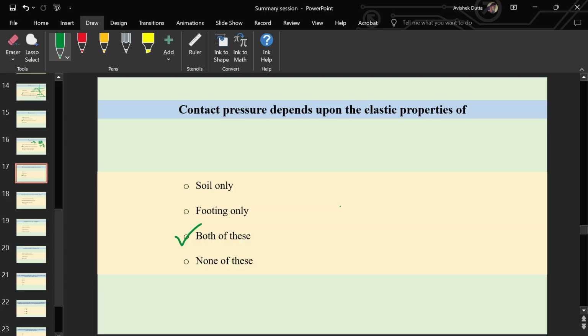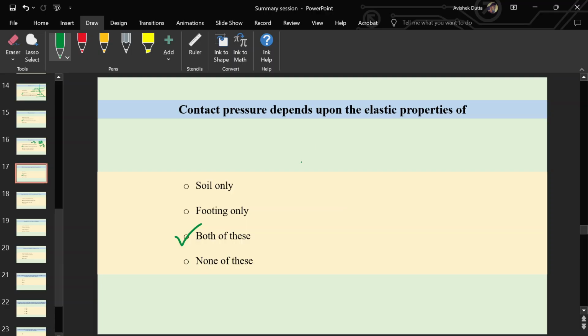The soil, whether it is cohesive or granular, and the footing, whether it is flexible or rigid, on both these properties the contact pressure on the footing will depend, because the type of soil will have influence on the pressure, whether it is maximum at the center or maximum at the edges, and whether the pressure is uniform or not will be influenced mostly by the type of footing, flexible or rigid.